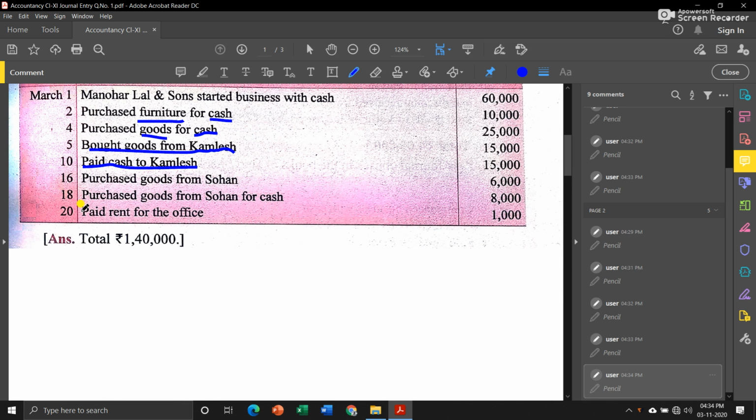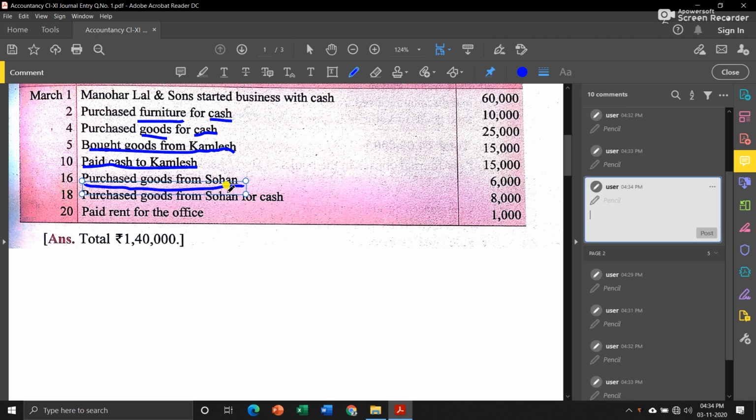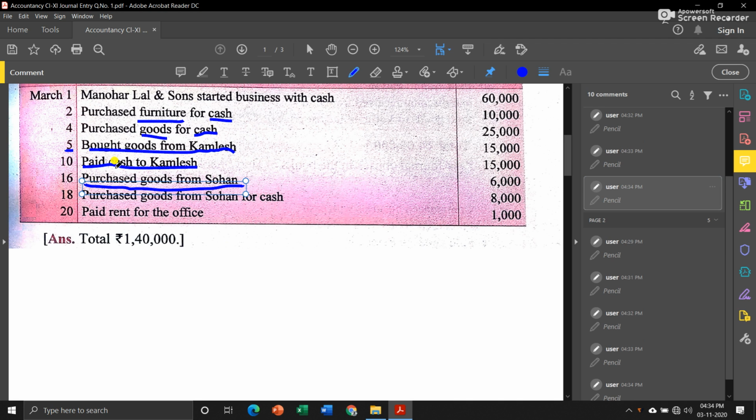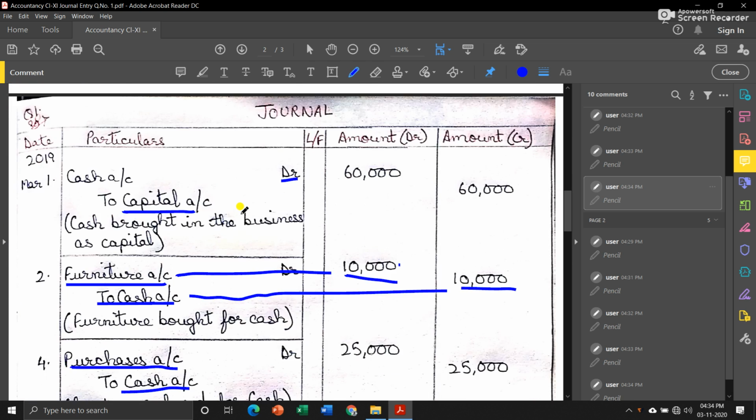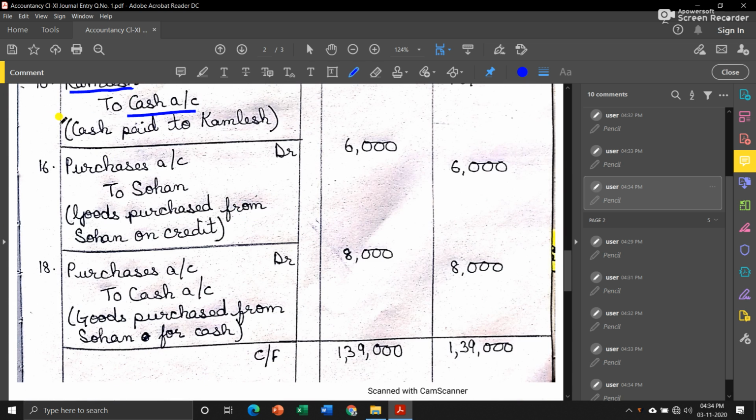Now the next transaction is purchased goods from Sohan. It is the same as the previous transaction of date 5, that goods were purchased from Sohan, but since they haven't mentioned whether this transaction was cash or credit, we will consider it as a credit transaction. So the two accounts involved are purchases account and Sohan account.